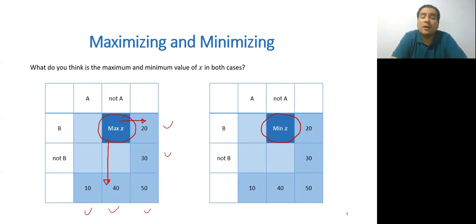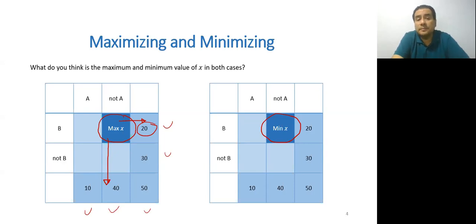So for example, X is part of row B and part of column not A. So we know that this count, X, cannot exceed any of the totals. So its max value should be 20. The max value of the intersection X should be 20.